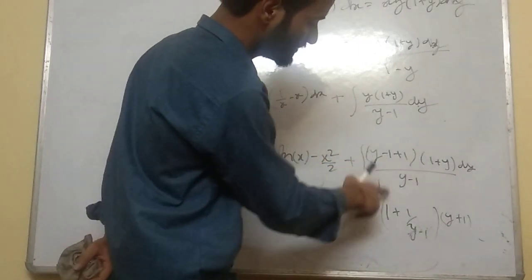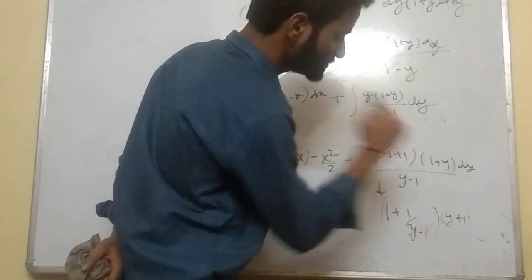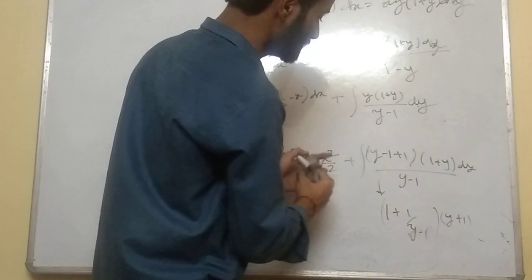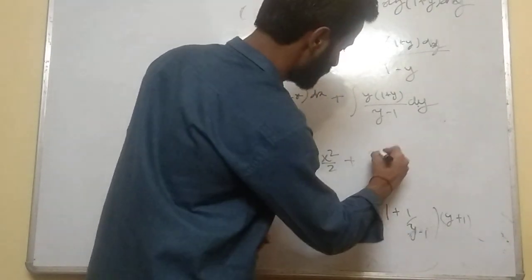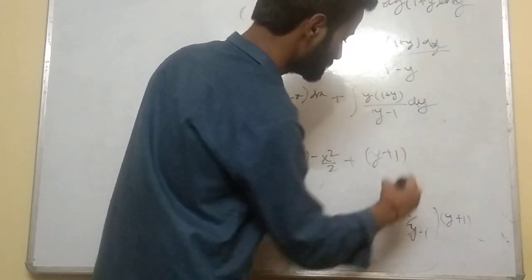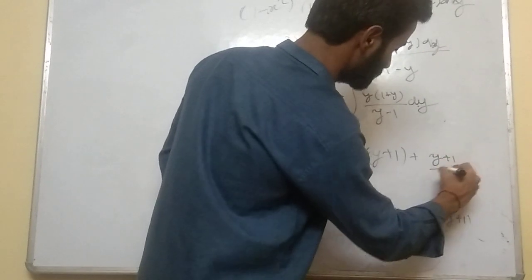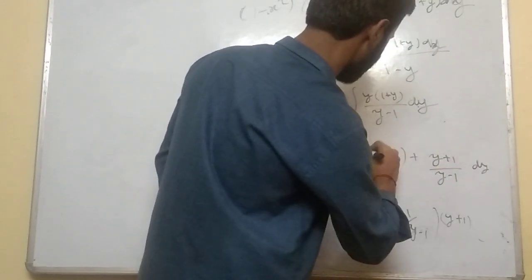So you can write down this term like this: 1 plus 1 upon y minus 1 multiply by y plus 1. And now if you want, you can multiply this. So this will become y plus 1 plus y plus 1 upon y minus 1 dy.